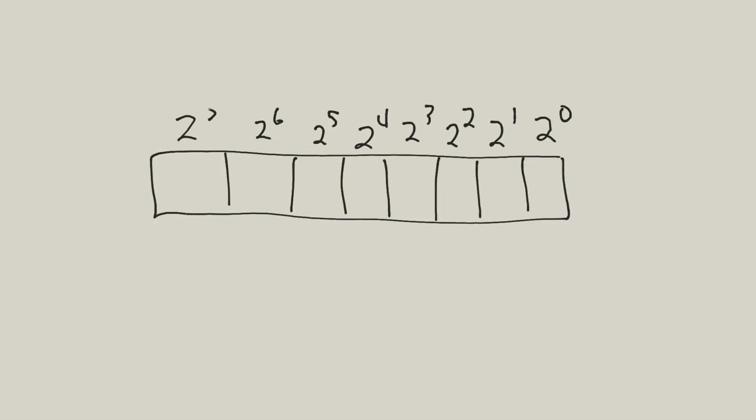Now this last one, this 2 to the 7th, it can either be 2 to the 7th or it can be a sign, depending on if you're using signed or unsigned integer representation. So we'll get to that later.